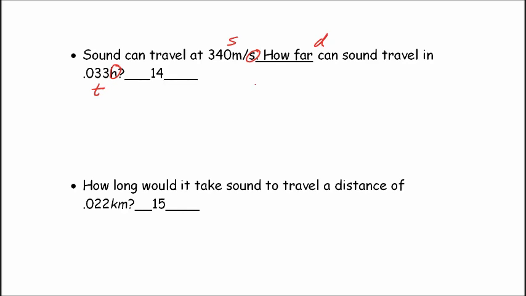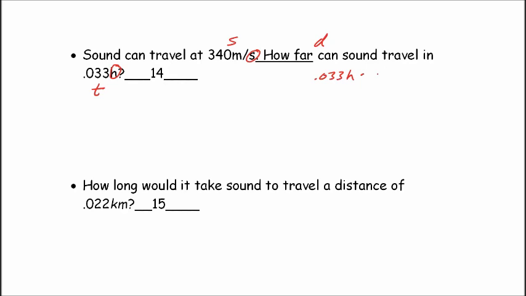Now we can do that like this. We simply use that process of dimensional analysis. The first step in dimensional analysis is to write down the given value and its unit. That means the unit and the value that you're starting with, which is 0.033 hours.